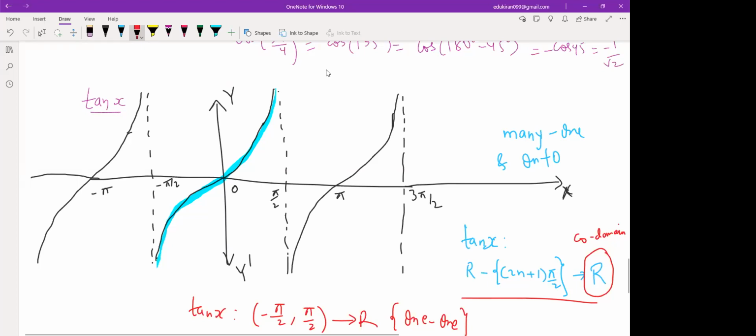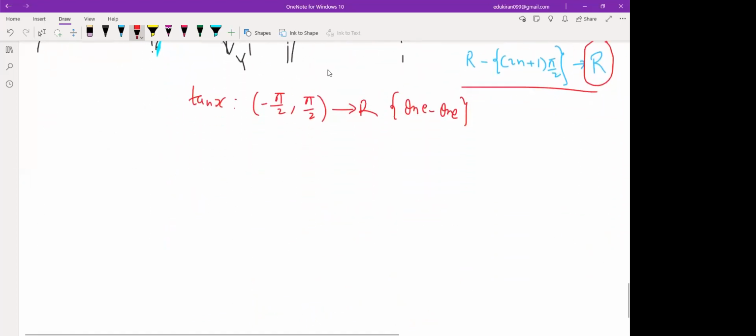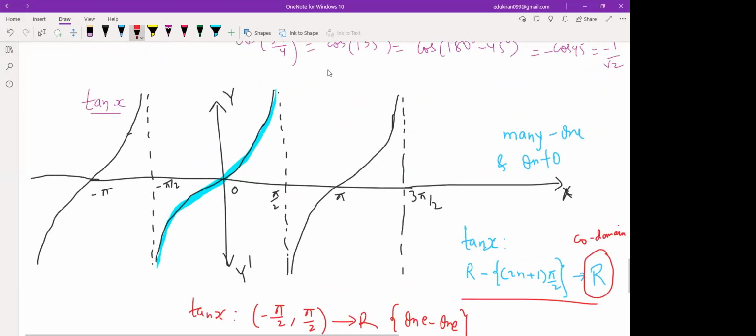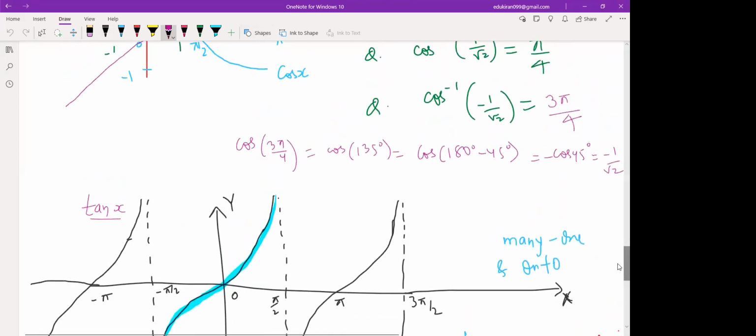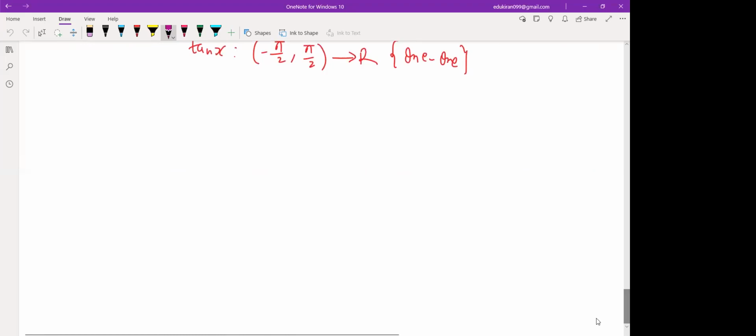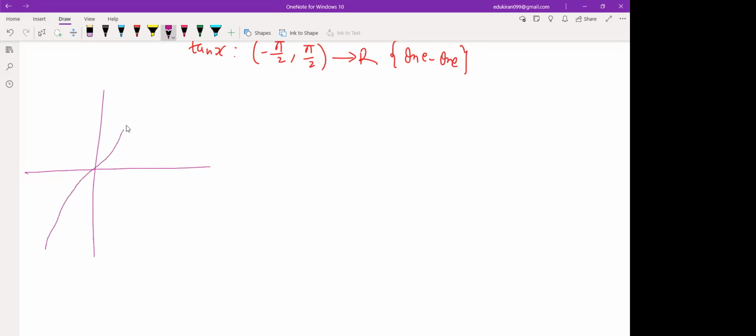If you see the tan x graph, it is like this.